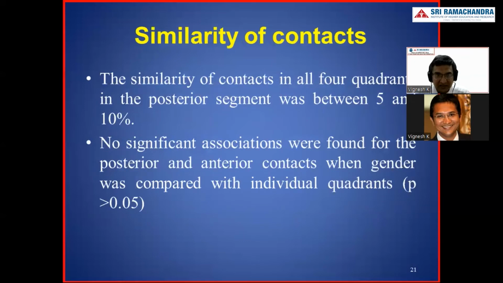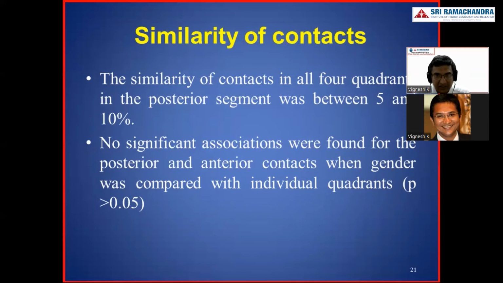What was of interest to this study was the similarity of the contacts, that is, having the same type of contact in all the 4 quadrants among the posterior teeth was only between 5 and 10%. That is, the similarity ranged between 5 and 10%, and non-similarity was approximately 90%.